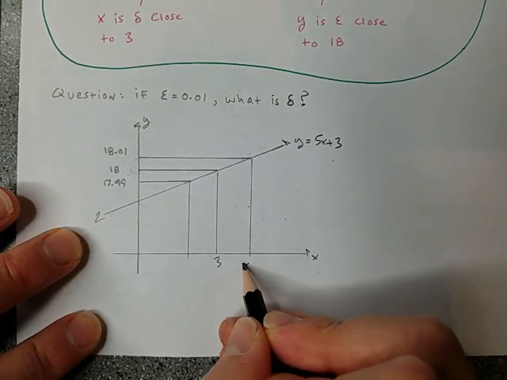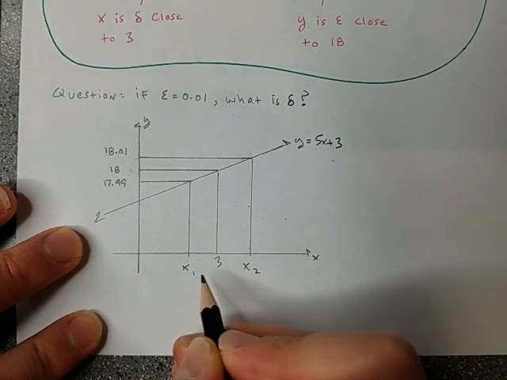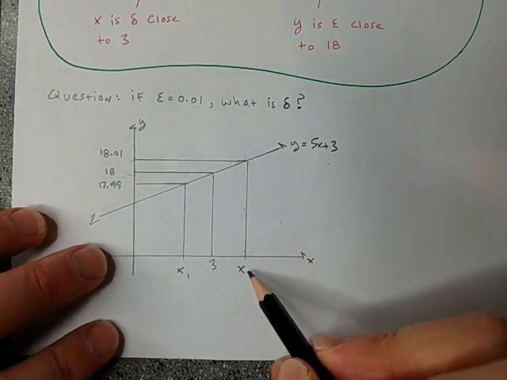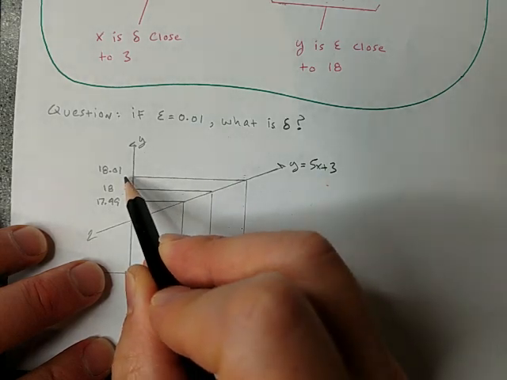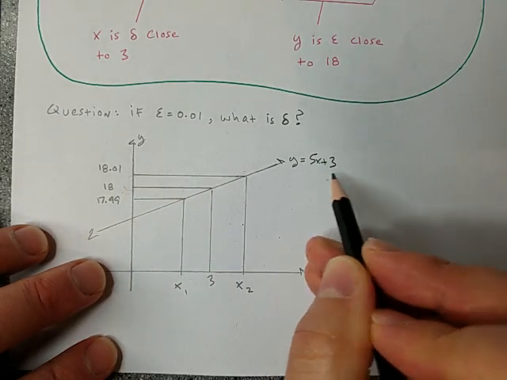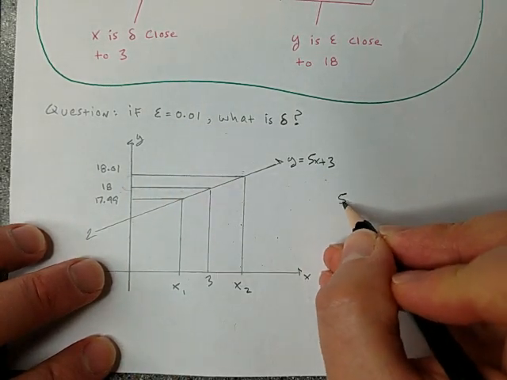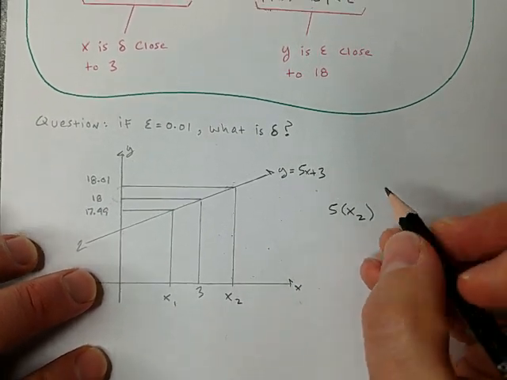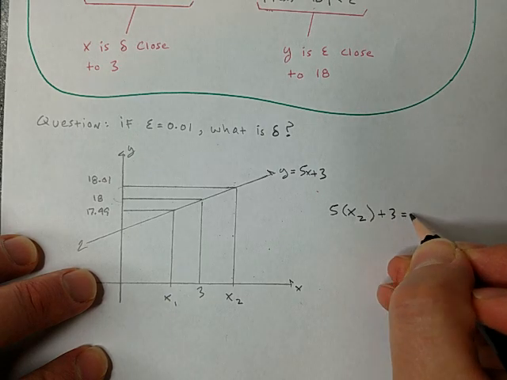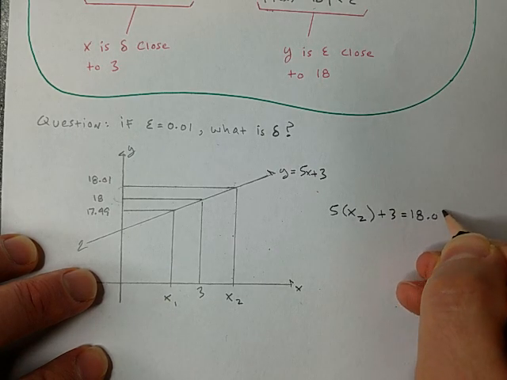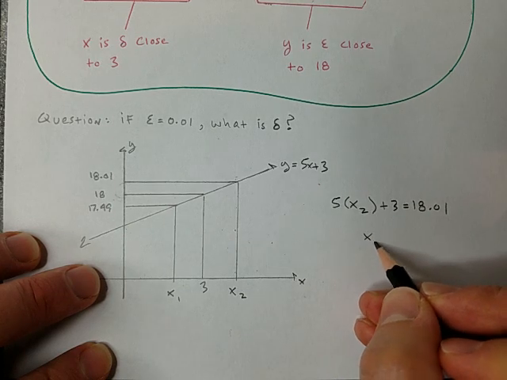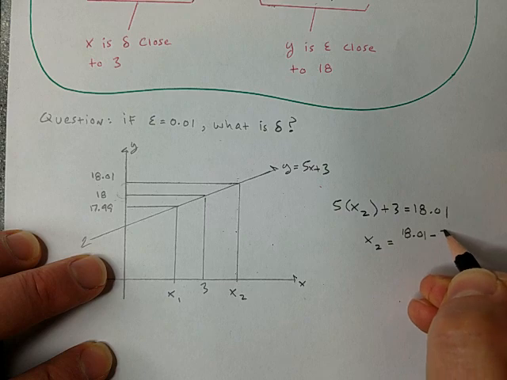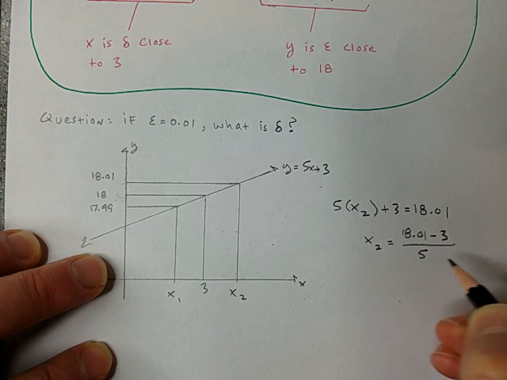So, okay, I got to find this number x2, and I have to find this number x1. Okay? All right, so let's see. x2, you plug the x into that, and you get the y. x2 for x gives you 18.01 for y, so we'll say 5 times this number x2 that you see right there, plus 3 is equal to 18.01. And then to solve it, it's a little bit of algebra like the other example. 18.01 take away 3, then divided by 5.